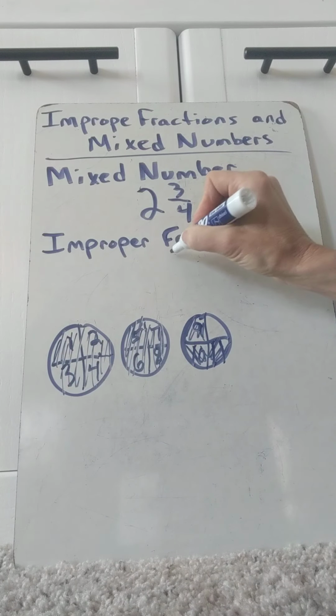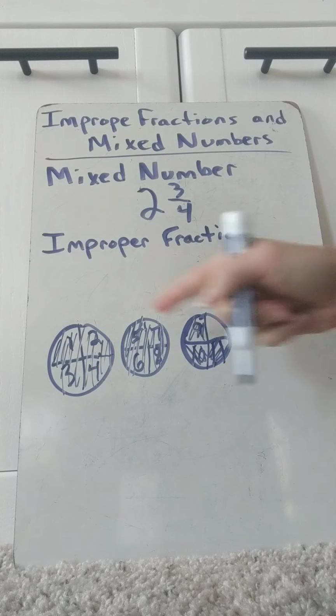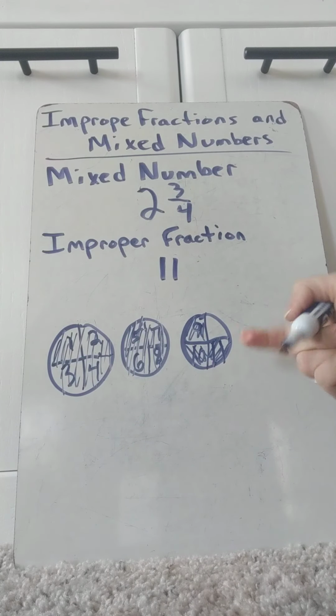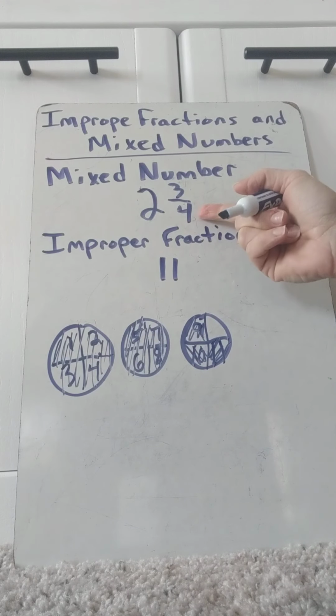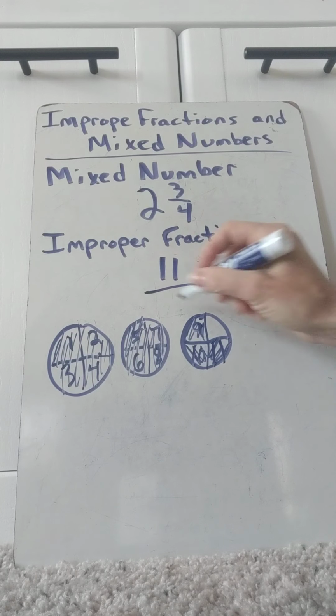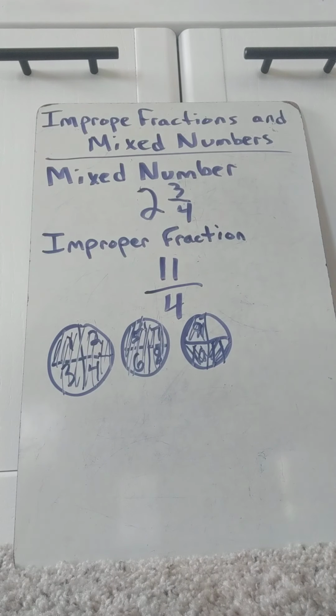So 11, all the shaded parts that we have, becomes your numerator. And my denominator, well, I always stay in fourths. That's how many total equal parts this circle was divided into. So that would be my improper fraction, 11/4. Okay? As I shaded in 11, and each circle was broken into 4 equal parts.